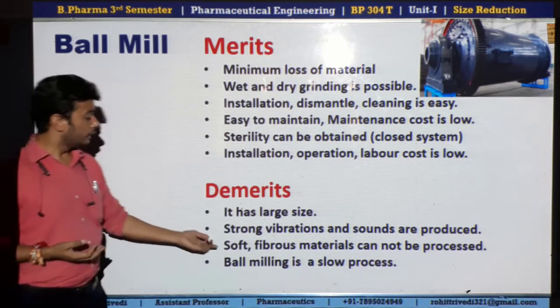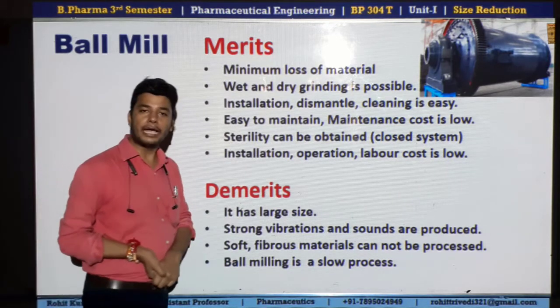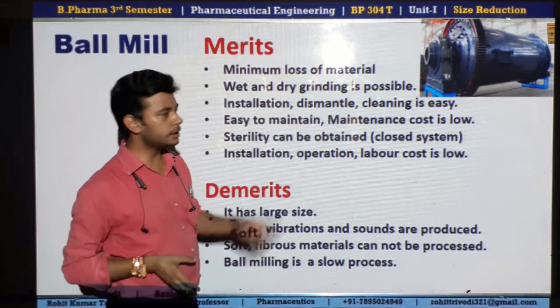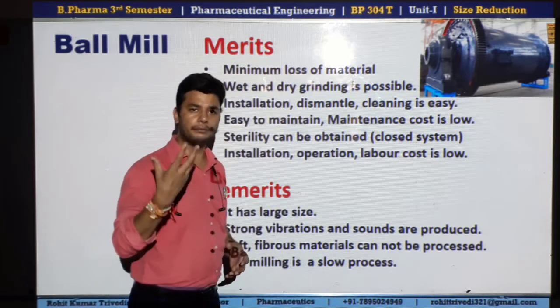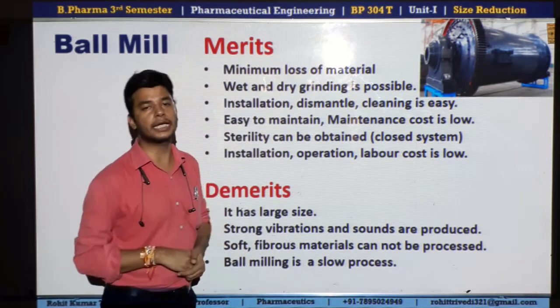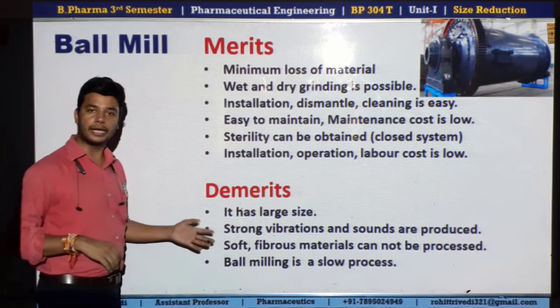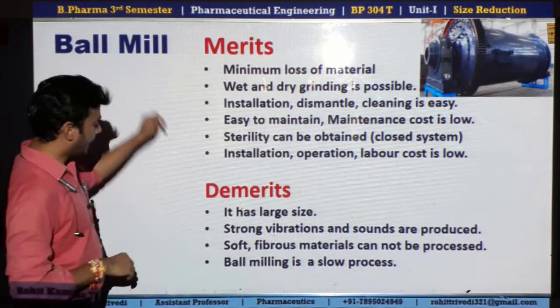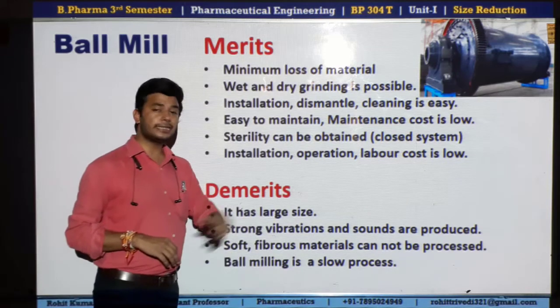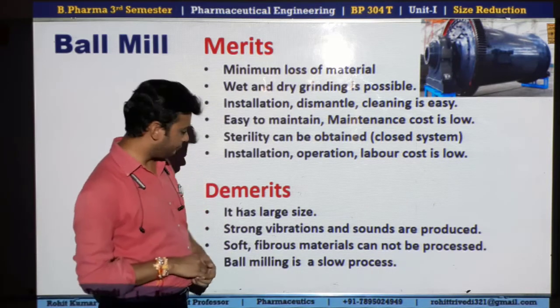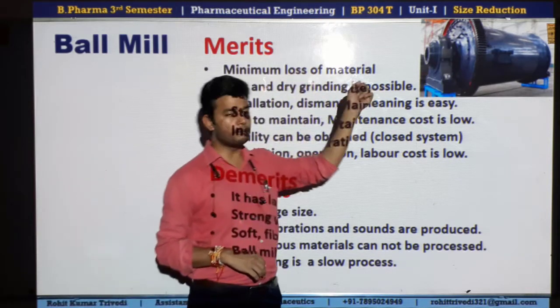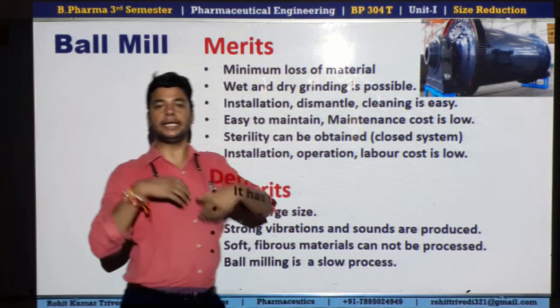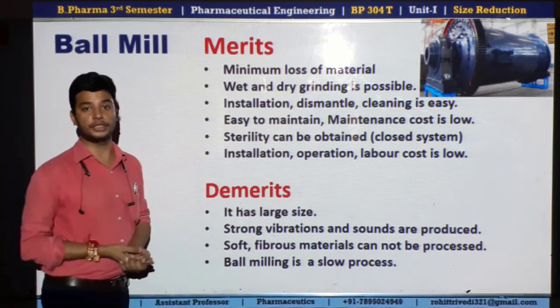Next demerit is that soft and fibrous materials cannot be processed in the ball mill. It is another disadvantage of the ball mill, and it is a very slow process. When we use the ball mill for size reduction, it takes longer than usual.